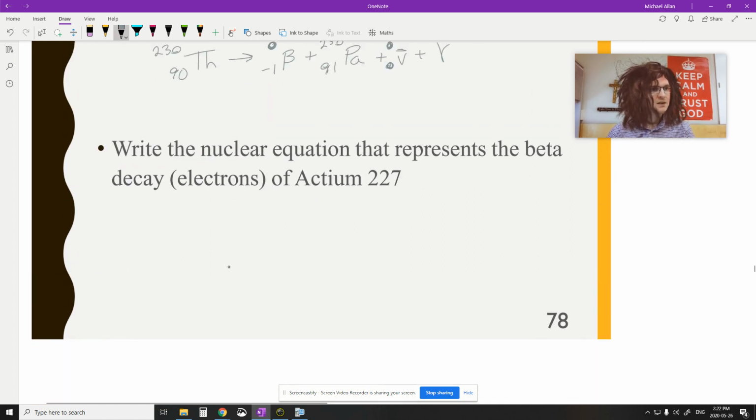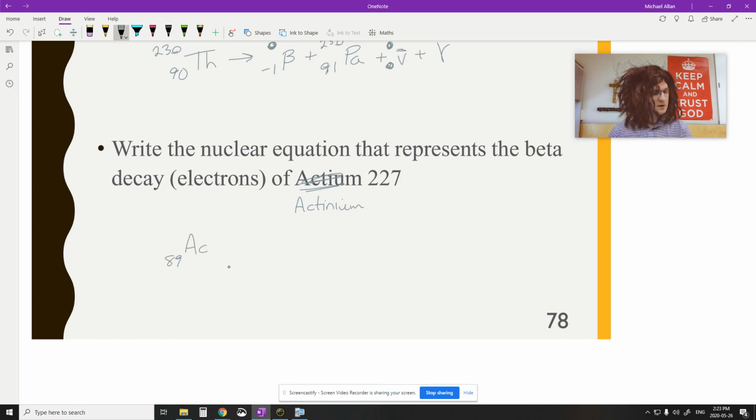What's the nuclear reaction that represents the beta decay of actinium? Actinium, let's go here. I spelled it wrong. Actinium-227. So this should be spelled differently. Actinium. Okay. So actinium is Ac. It is 89.